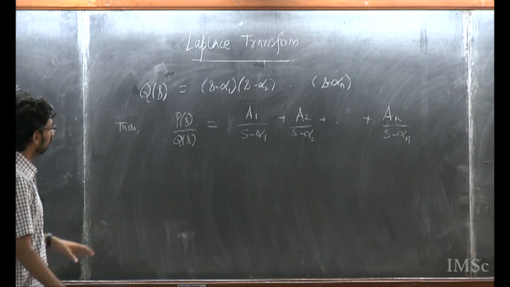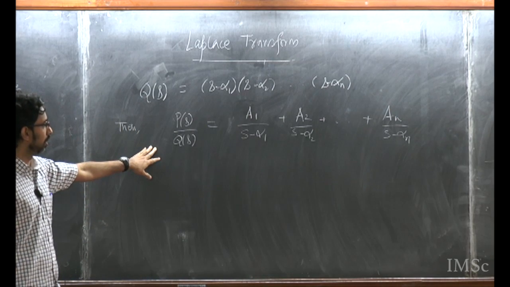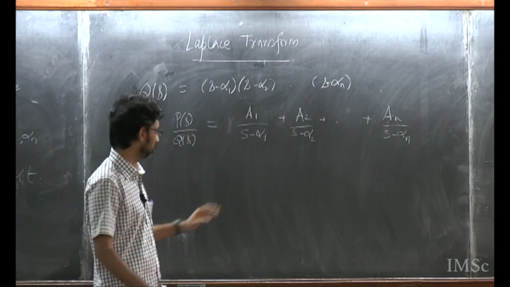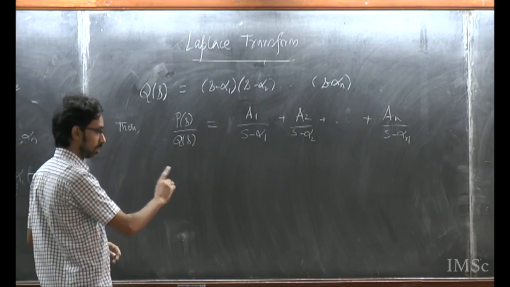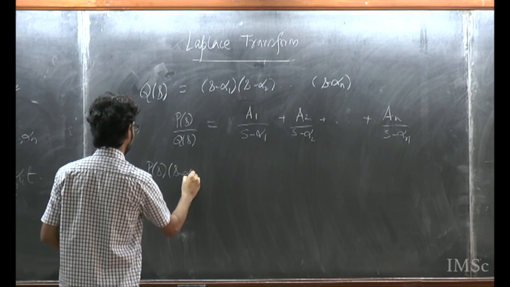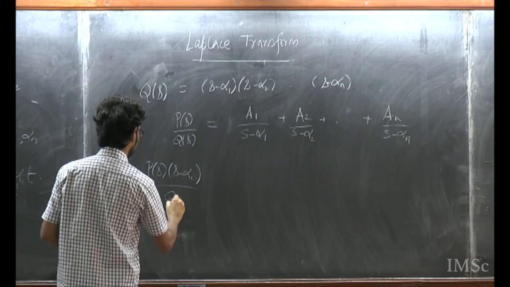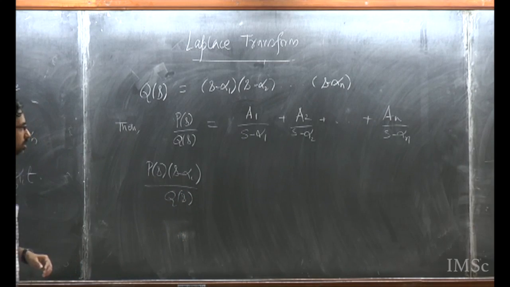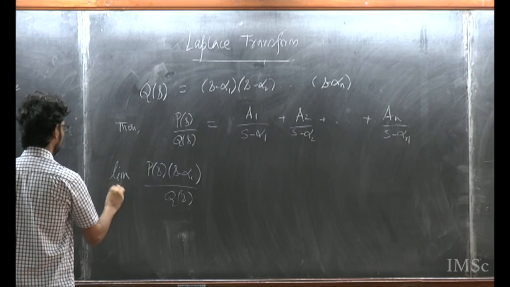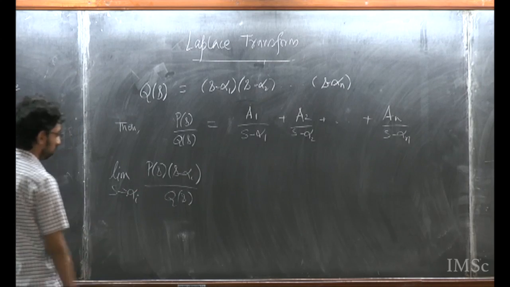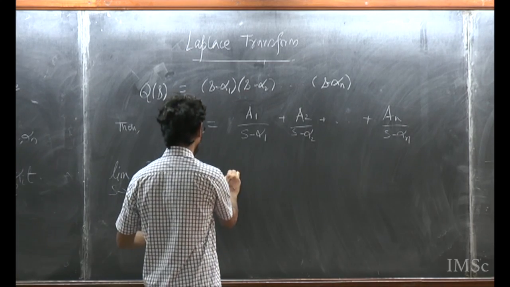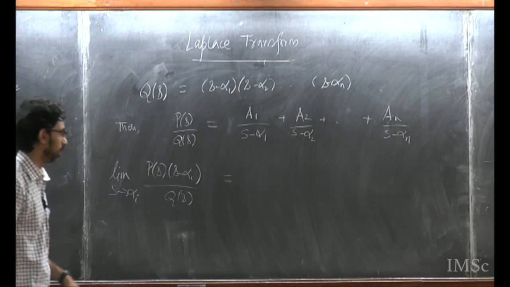Now let's multiply on both sides by s minus alpha i. So let's take P(s) times (s minus alpha i) over Q(s), and take the limit as s goes to alpha i. So the left hand side is this. What will be the right hand side?